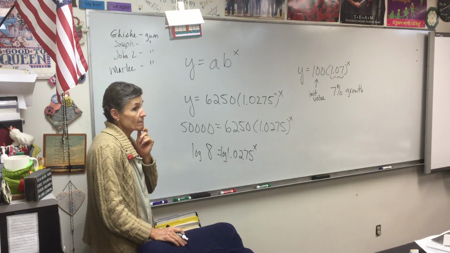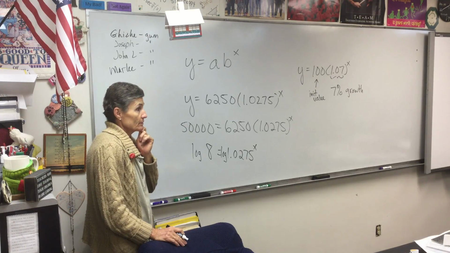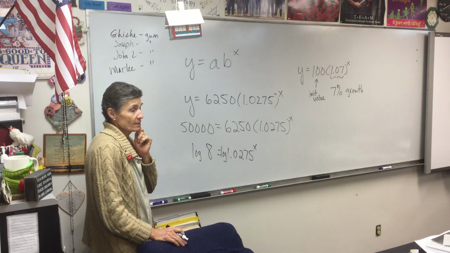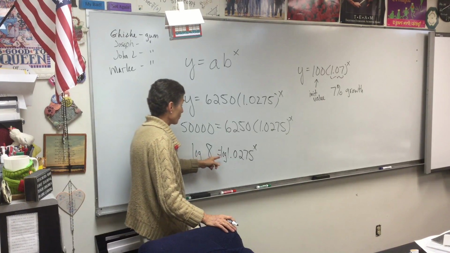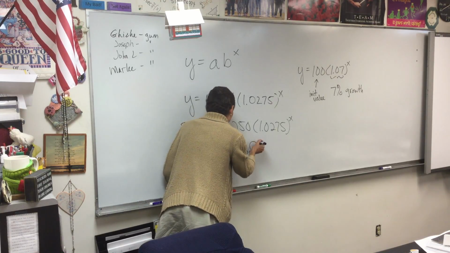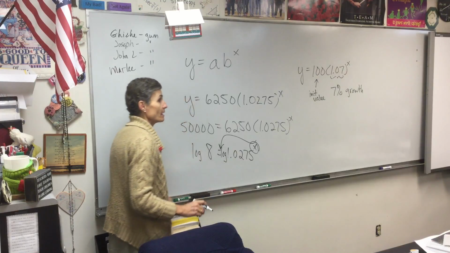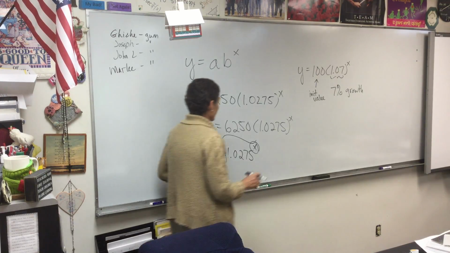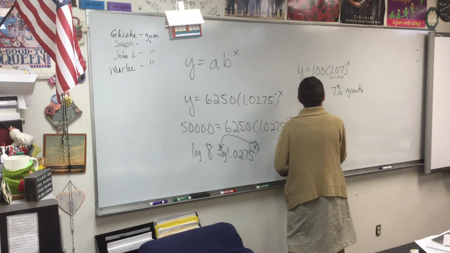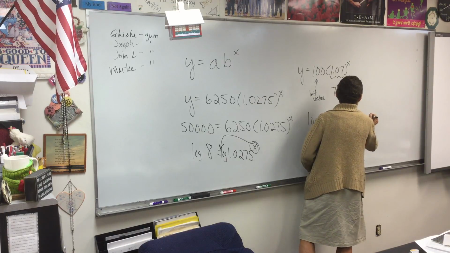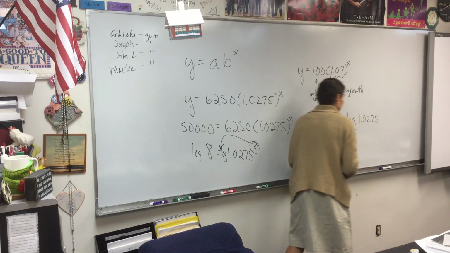Okay, there's something really amazing. Anybody remember? Something really awesome happens when you take the logarithm of something to a power. The power actually becomes a coefficient. So in other words, now we have log 8 equal to x log 1.0275.